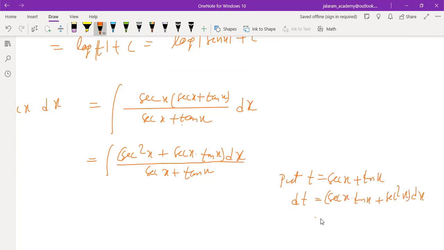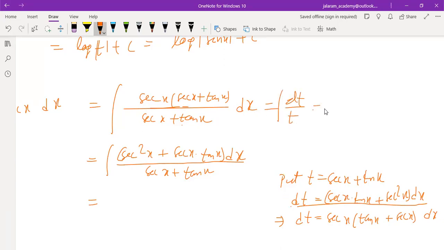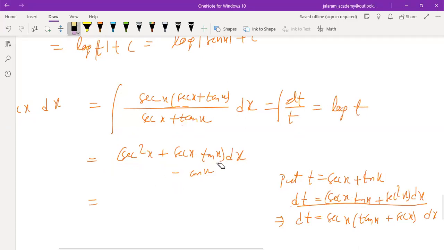Now if we take sec x common, it is tan x plus sec x dx. So dt can be replaced by sec x into sec x plus tan x, which is in the numerator. There is no need to take it common, or from the first line we can use it. It is dt upon t, so its integration is log t.